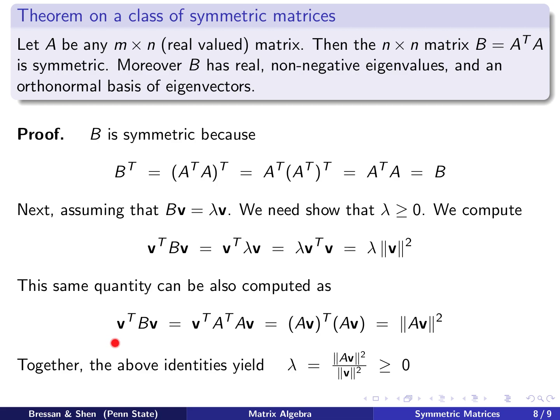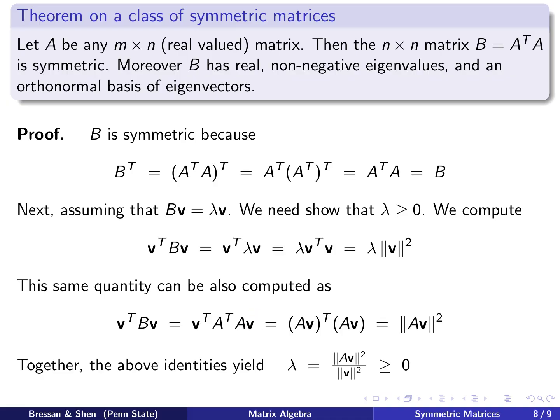But the same quantity can also be computed in a different way. We can compute this by using the fact that B is A transpose times A. So we put in A transpose times A for B here. Now we're going to group the first two and the last two.